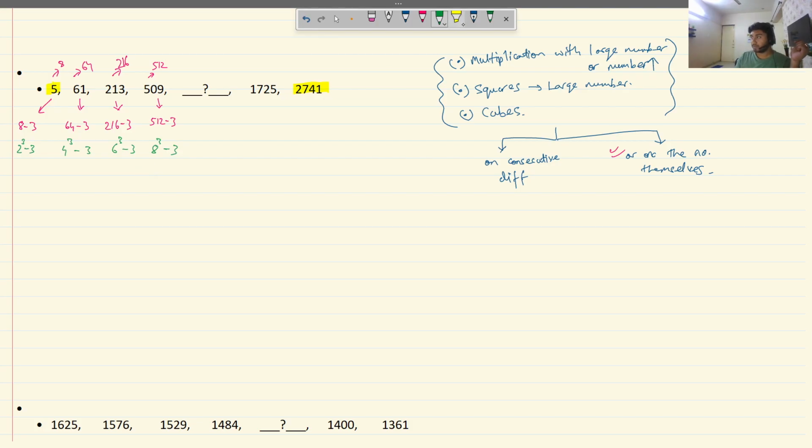So I am seeing cubes of increasing even numbers and minus 3. So the next term should be 10 cube minus 3, right? 10 cube is 1000 minus 3, that is 997. Yes, that is my answer.